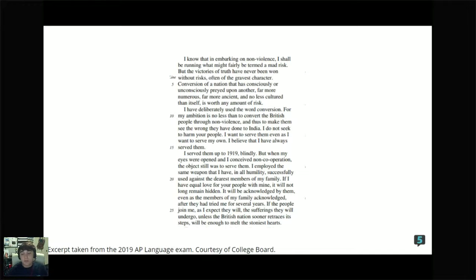So if I was going to write an essay analyzing the rhetorical choices that he uses to present his case to Lord Irwin, I would maybe say the repetition of words such as nonviolence to show his longing for peace and for the end of a years-long conflict, and tone.